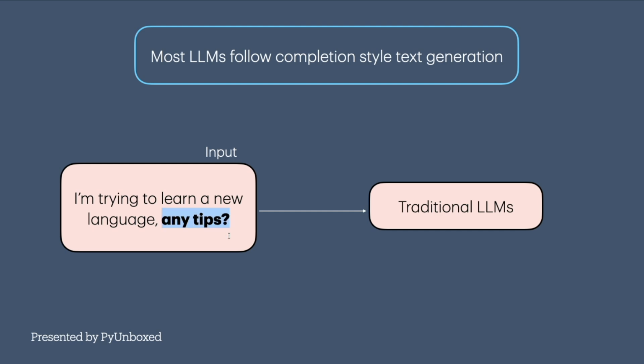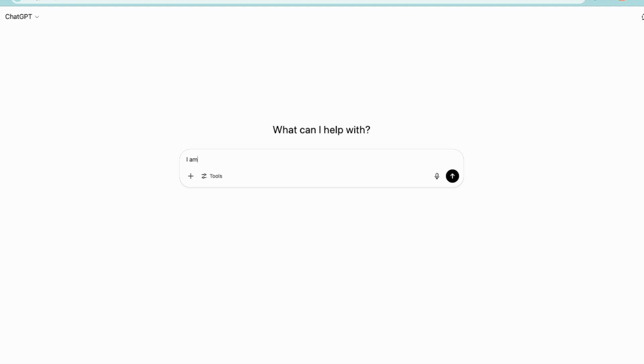I'll open ChatGPT and enter the same text. "I want to learn a new language," and as we can see, there are a few prompts given already, which are completion style content given by ChatGPT, and we can choose any one of them. Most of the chat LLMs out there are using these completion style models.